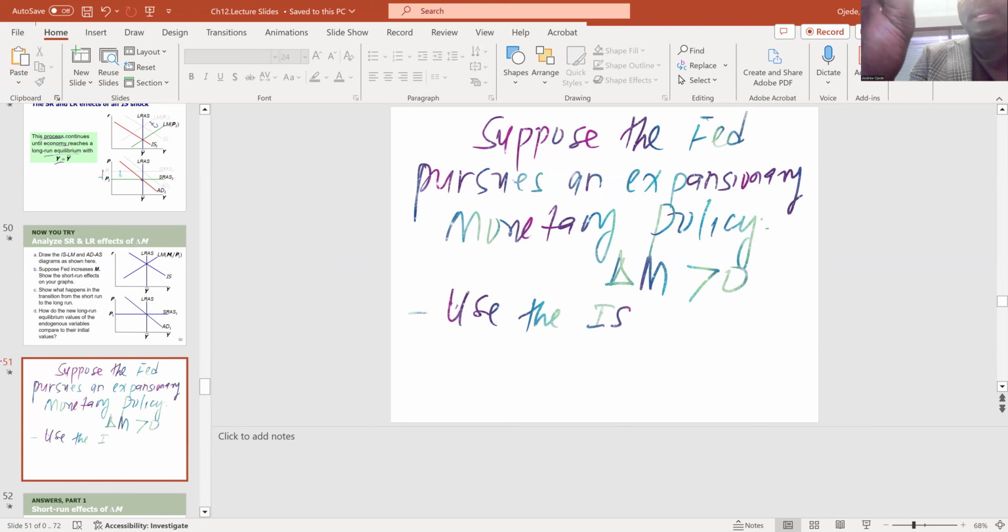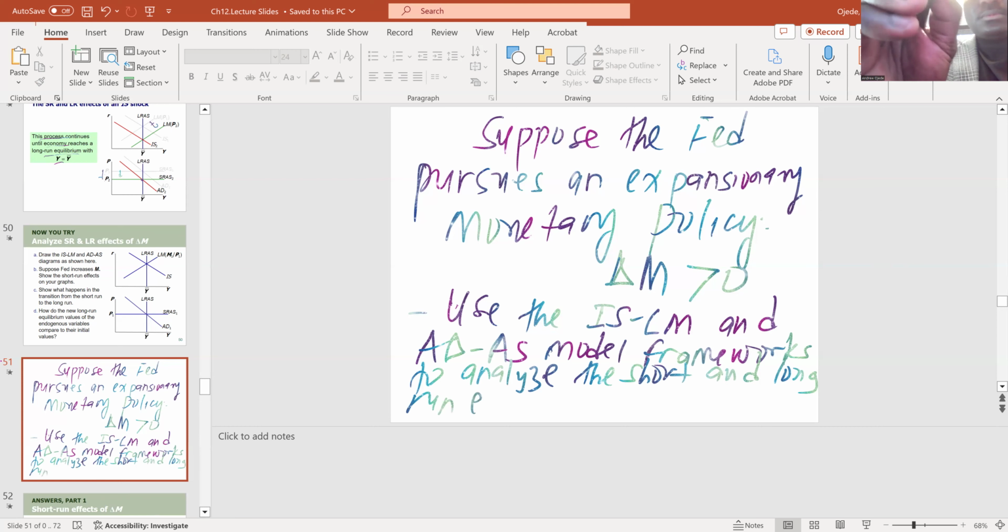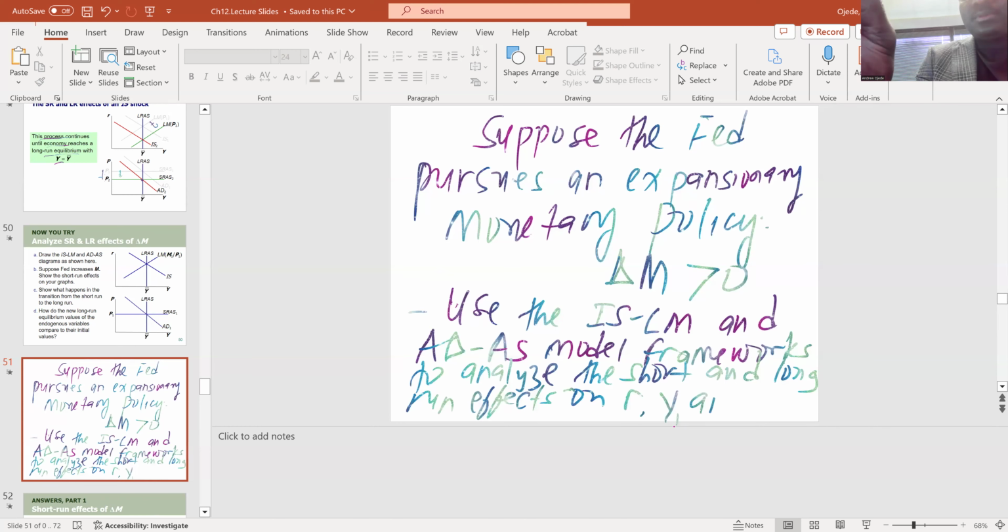Then I can use the ISLM and AD, aggregate demand, aggregate supply model frameworks to analyze the short and long run effects on interest rate, output, and price.